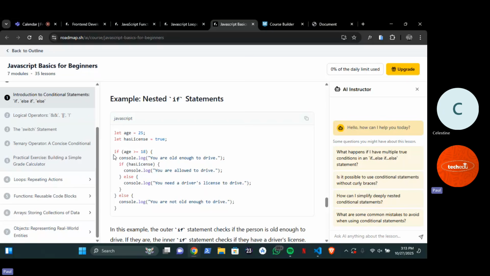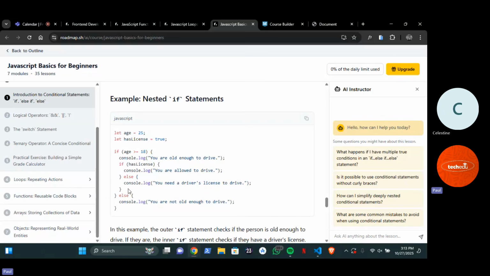Now, if age is greater than or equals to 18, console.log, you are old enough to drive. If hasLicense, you are allowed to drive. Else, you need a driver's license to drive. Else, console.log, you are not old enough.